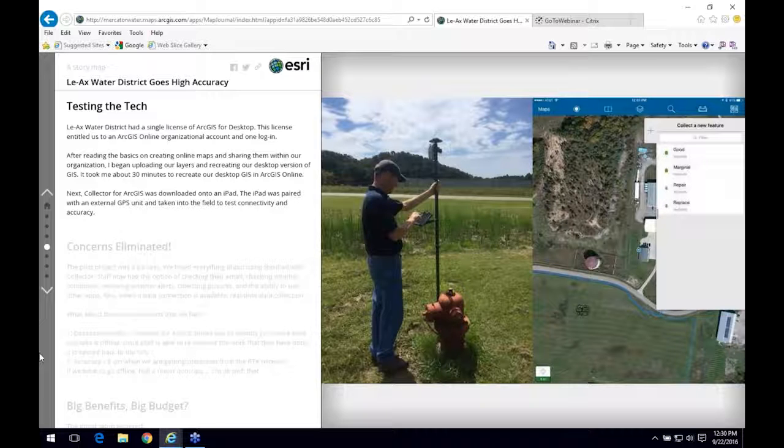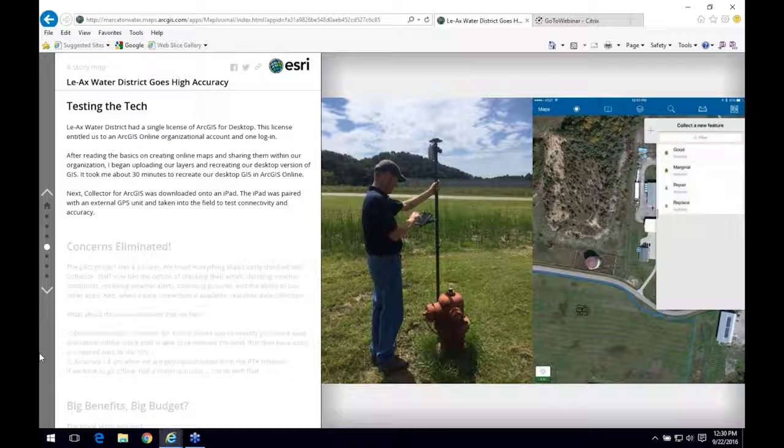You get on there, and once I figured out how to upload things and which files to upload, whether it's a shapefile or whatever file you want to use, within 30 minutes I had our district from our desktop to online.